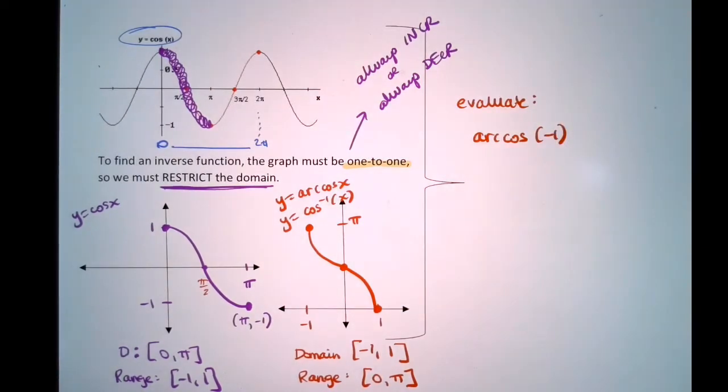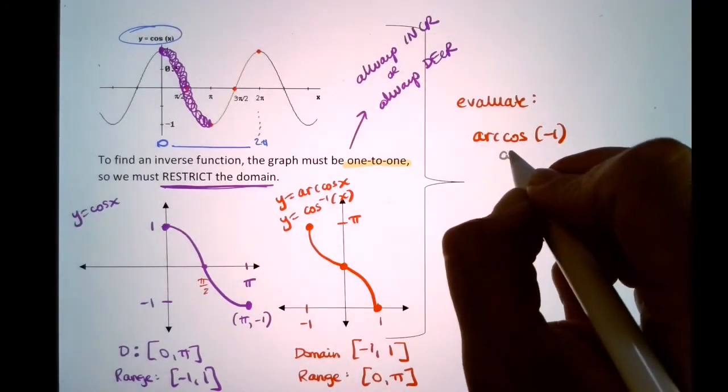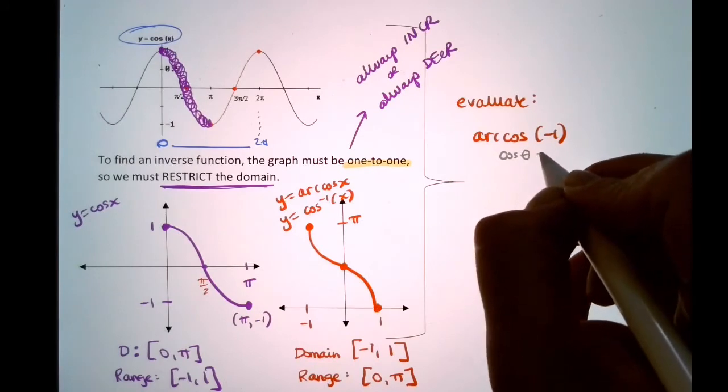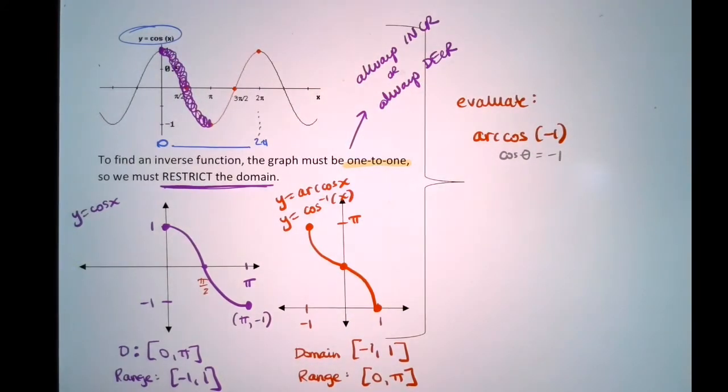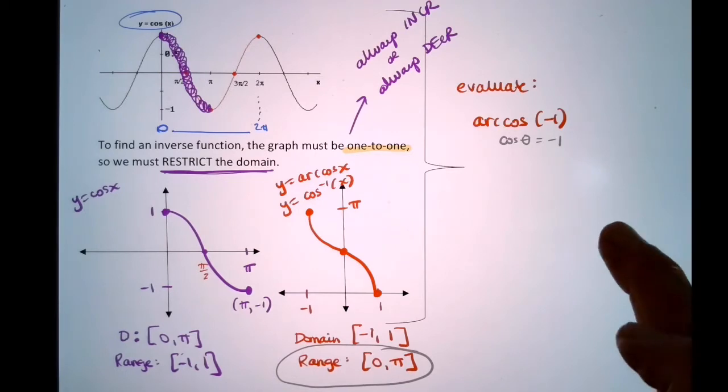What this means, and I can write it this way, is that the cosine of some angle is -1. Your answer is what angle has a cosine of -1. Your answer is, what is that angle? And let's be clear, what is my angle answer that fits in the range from 0 to pi?